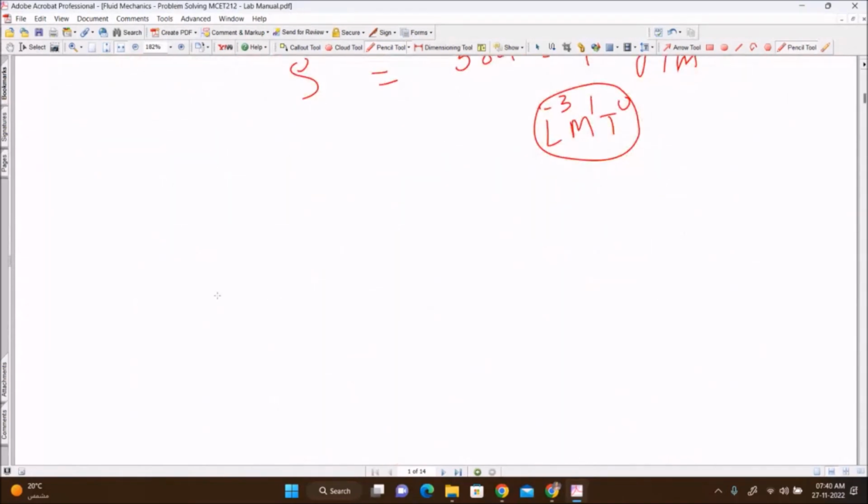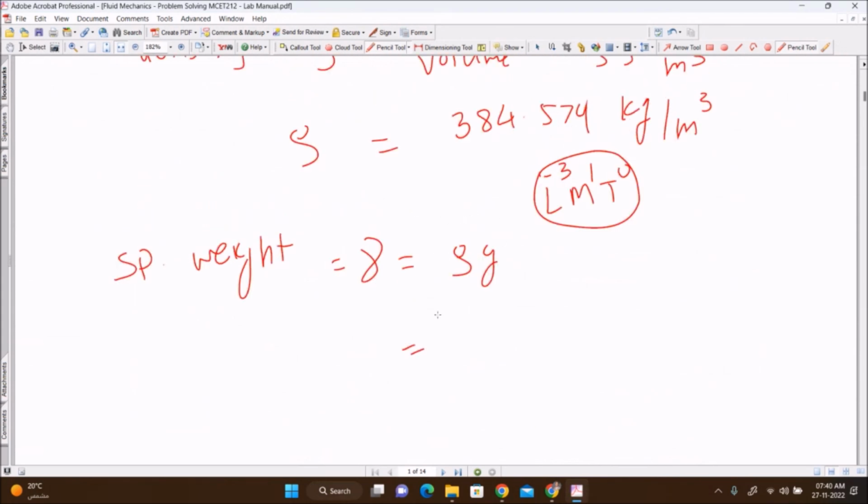Specific weight is gamma, another property of the fluid, and it is written as rho g, so density into gravity: 384.579 kilogram per meter cube into g, 9.81 meter per second square.